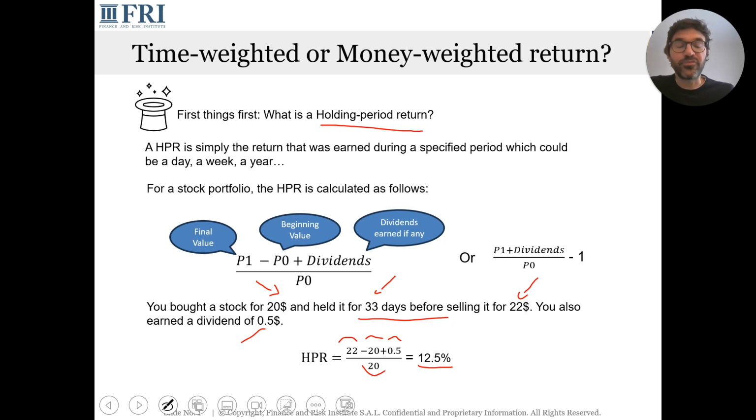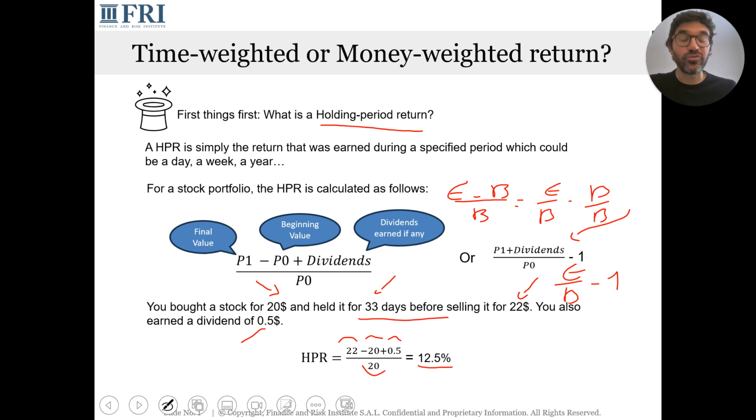The formula could be written as ending value minus beginning value divided by beginning value, or very simply, if you expand the formula, ending divided by beginning minus beginning divided by beginning, it would give you ending over beginning minus 1. So you are free to use any form of this specific formula.